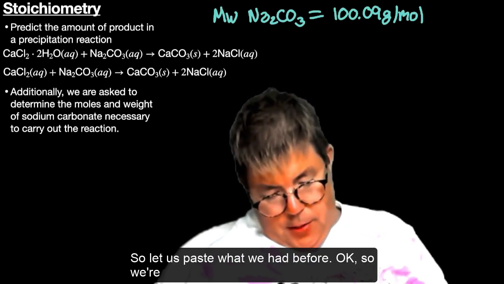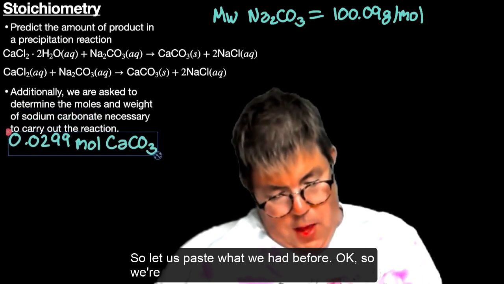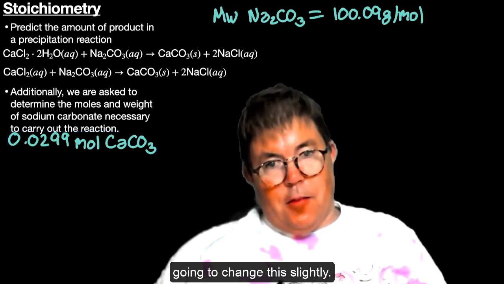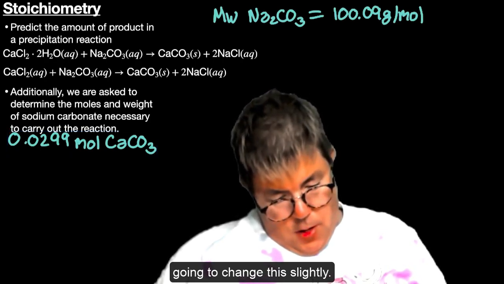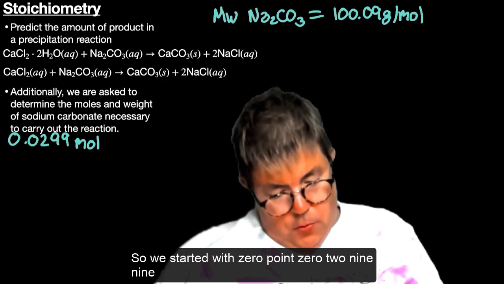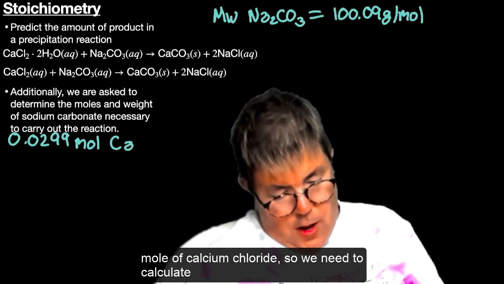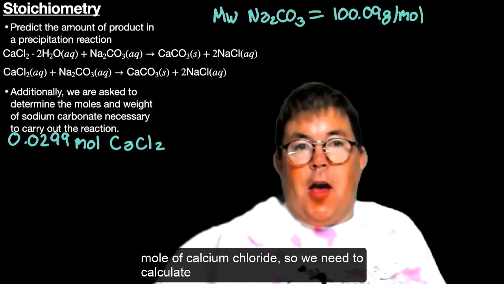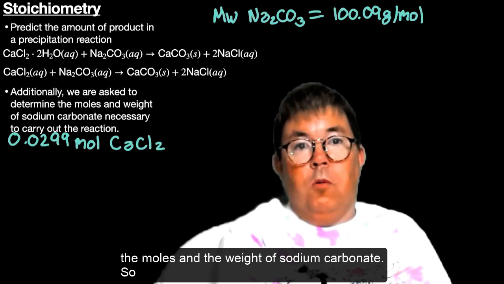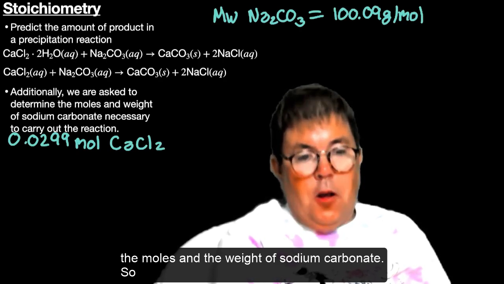So let us paste what we had before. We're going to change this slightly. We started with 0.0299 mole of calcium chloride, so we need to calculate the moles and the weight of sodium carbonate.